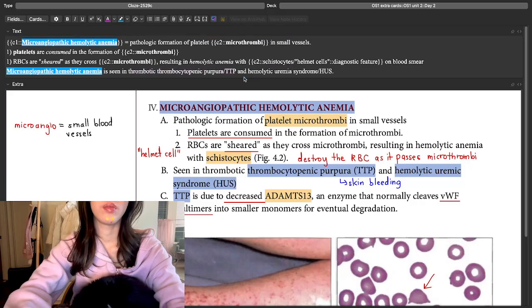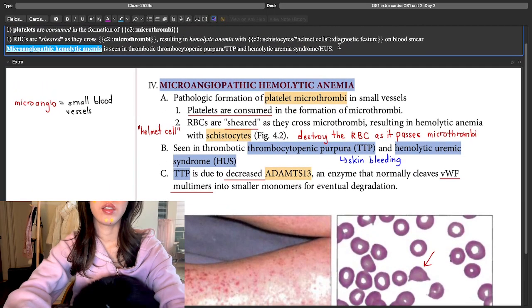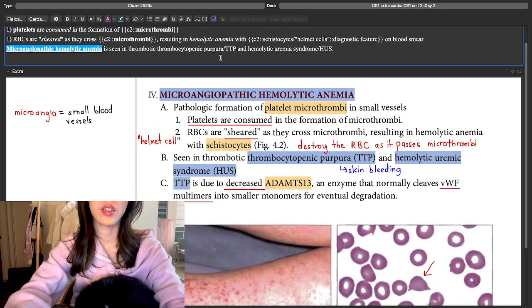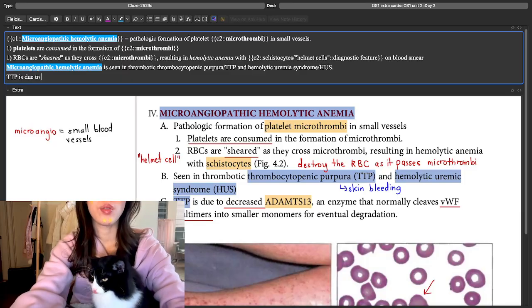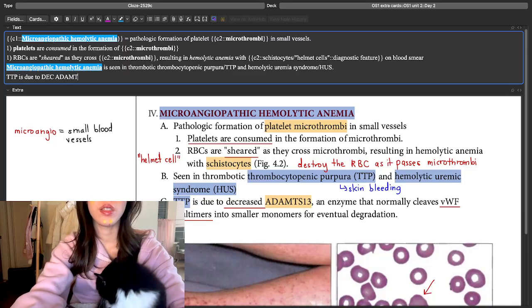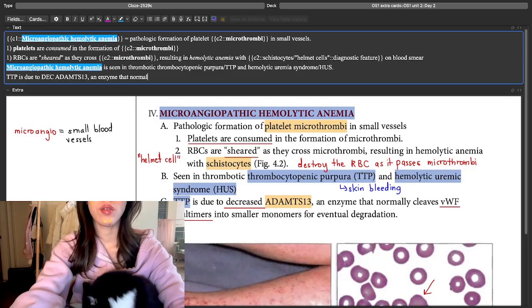That's a future card. TTP is due to decreased ADAMTS13, an enzyme that normally cleaves von Willebrand factor.